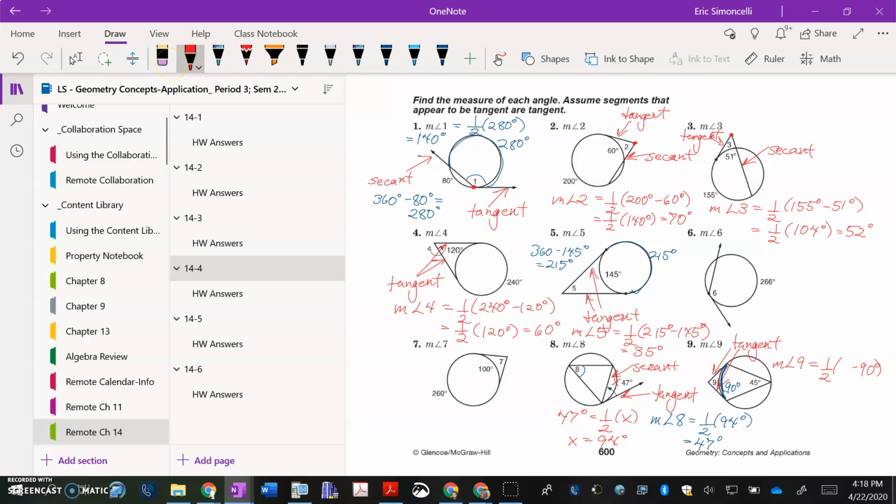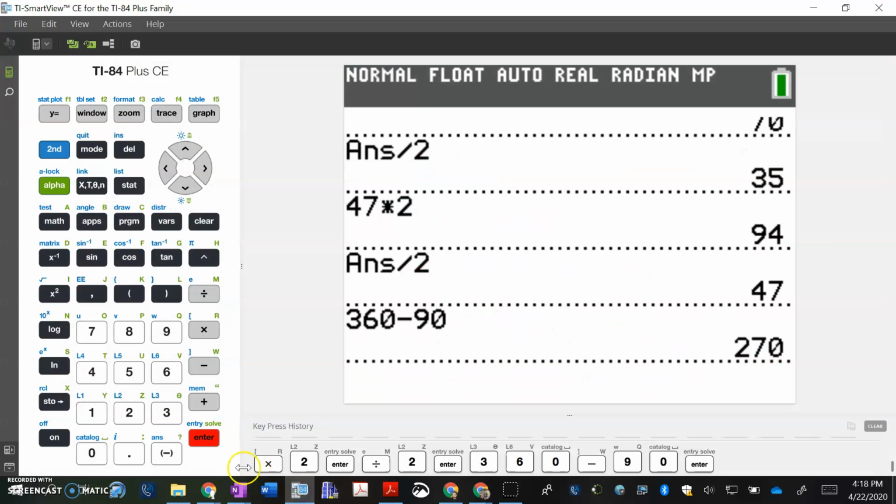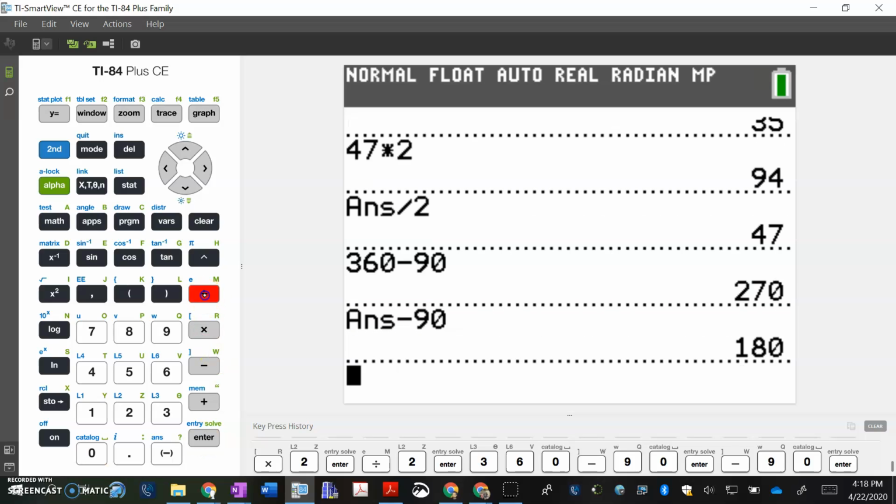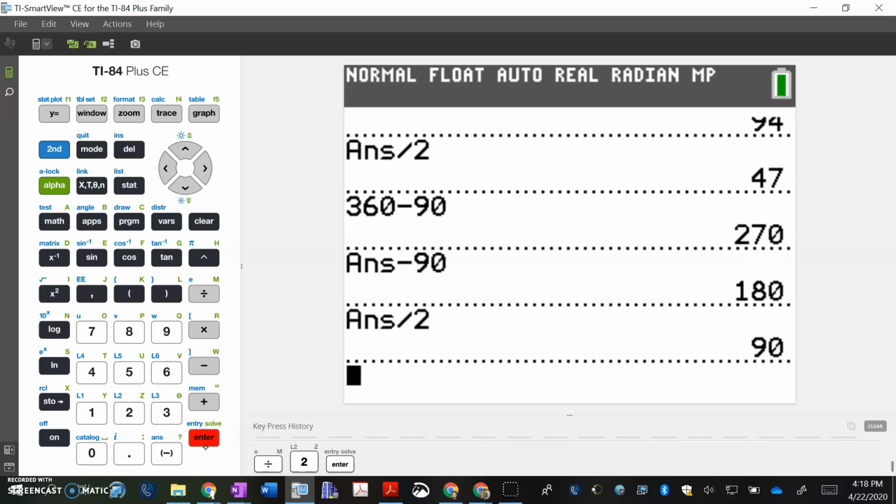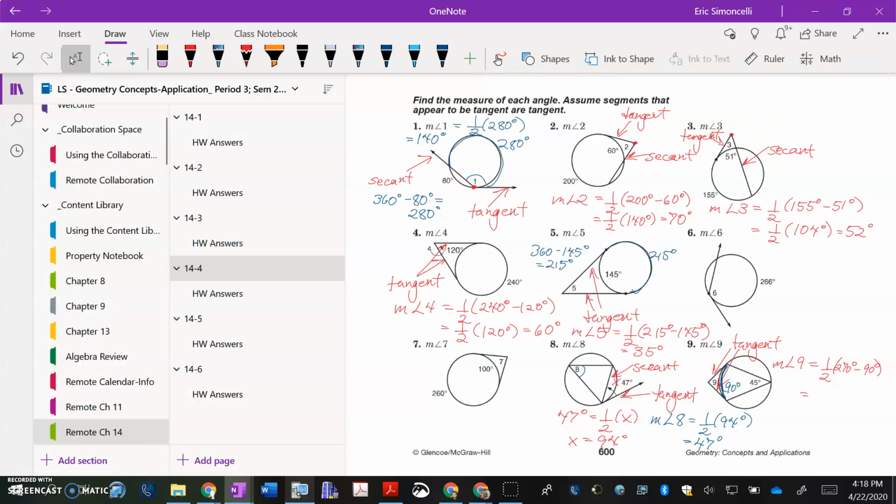So if we do 270 minus 90, divided by 2, that ends up being 90 degrees. So that's the resulting angle outside the circle. Again, this is the tangent-tangent relationship.